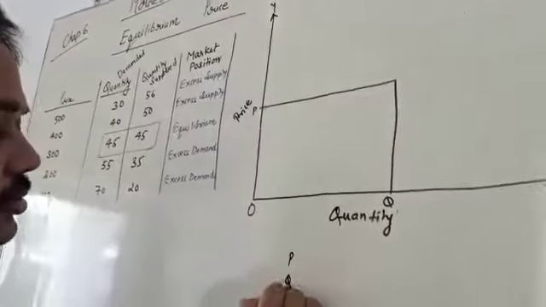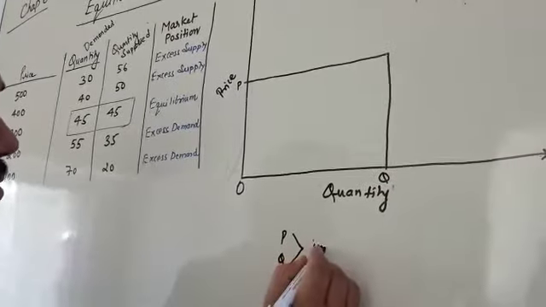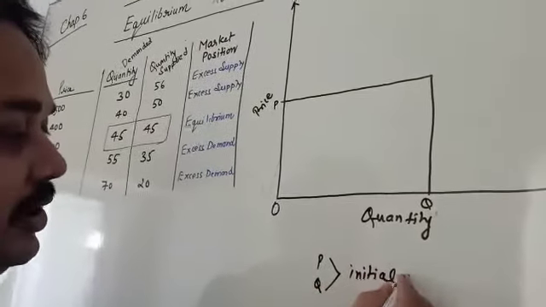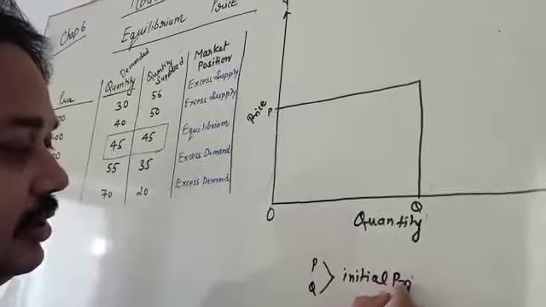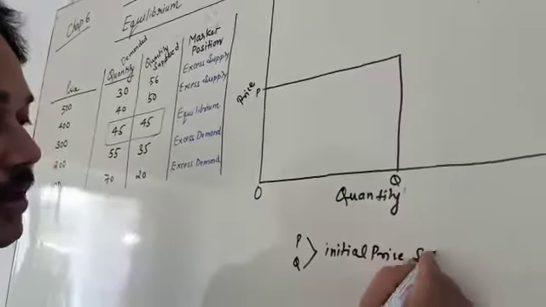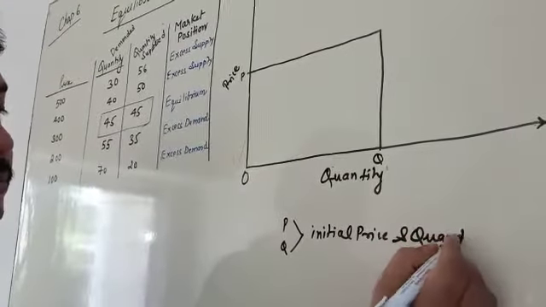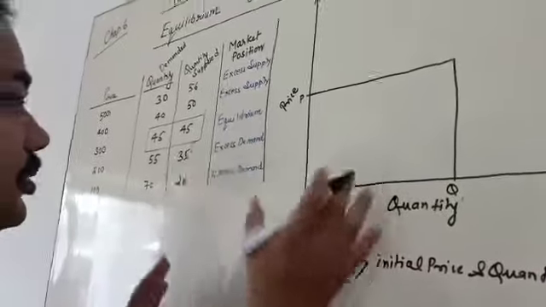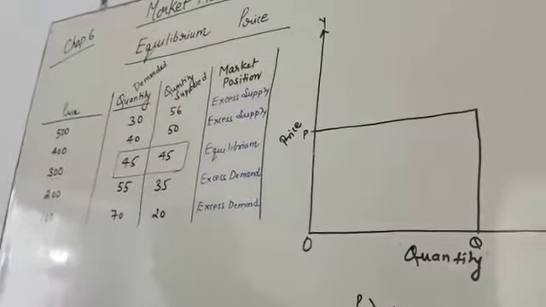P and Q are the initial price and quantity. So I am going to draw the graph with the help of this.